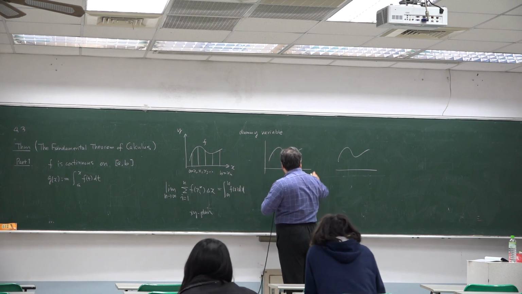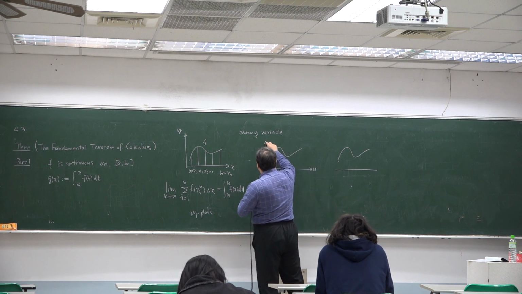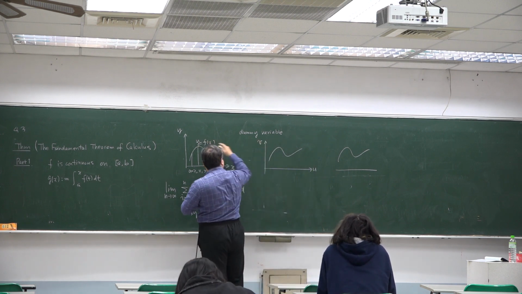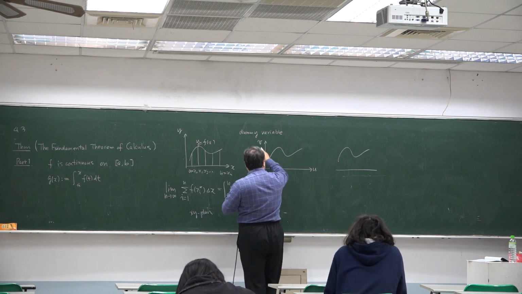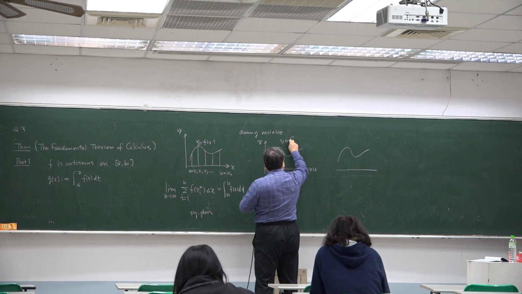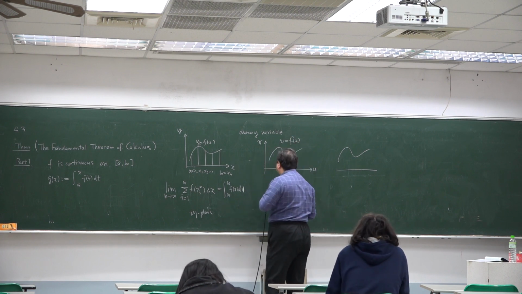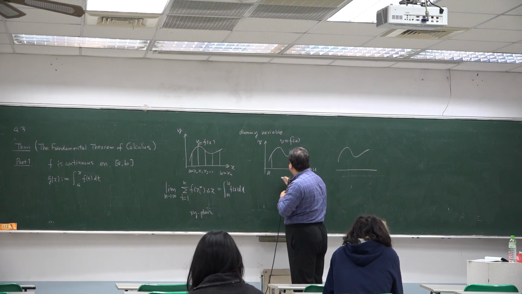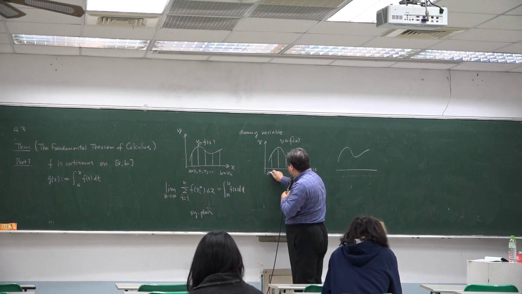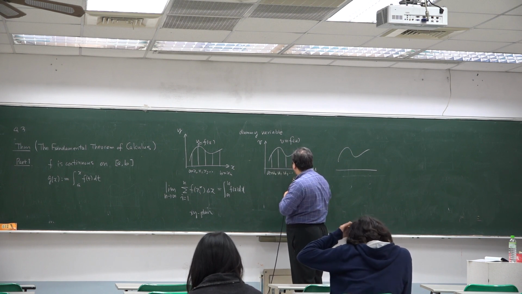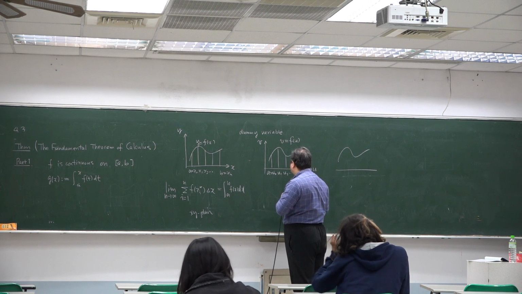Now, if this plane is the UV plane, the same function, but this time we use V as the dependent variable, U as its independent variable. Then this time this is u0, u1, u2, un.